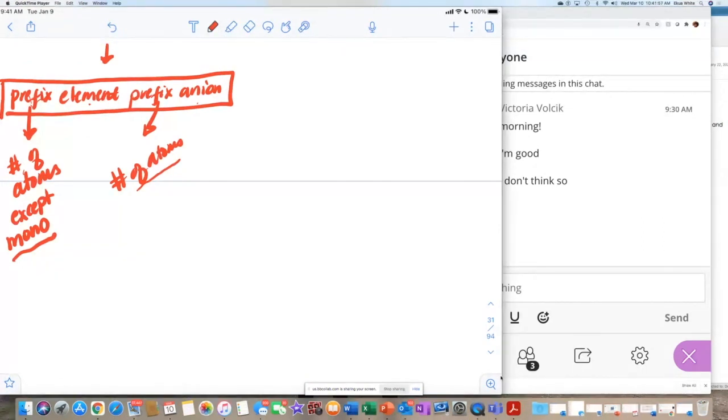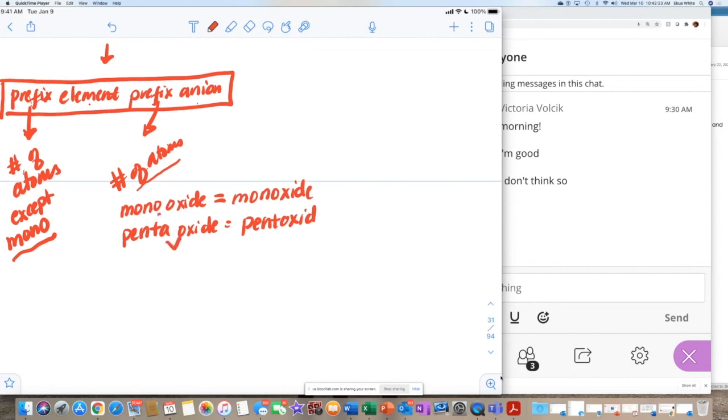Number of atoms, I say here, mono-oxide becomes monoxide, and then penta-oxide becomes pentoxide. So you're consolidating the A and the O, and the O and the O.